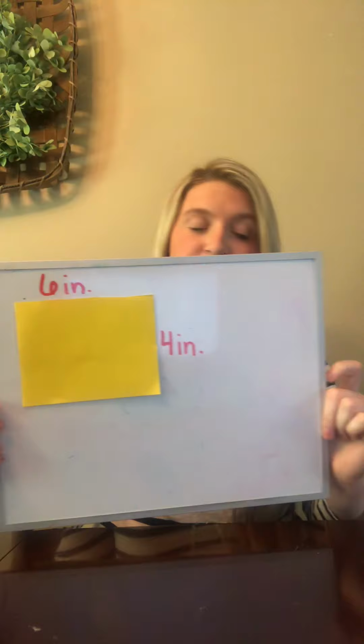When we first started, we had all the sides given to us. But then when we got better at it, we got sides missing, and we had to figure out how to do that. I'm going to see if you can help me remember how to do that this morning.